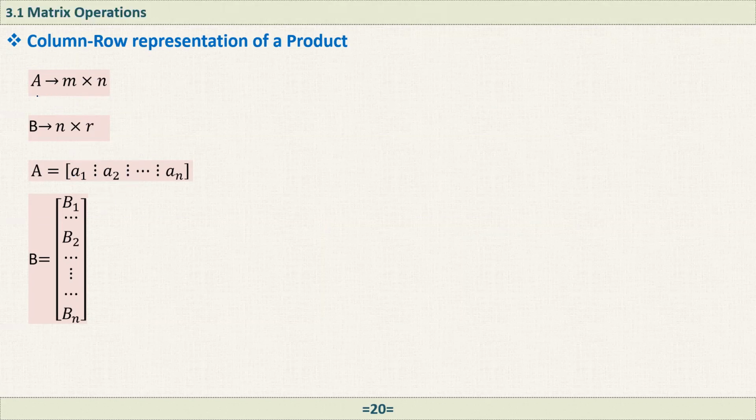Again, here we have this matrix A, whose size is m by n, and B, n by r. And let's say we're just partitioning matrix A as its columns, like A1, A2, AN. These are the columns of matrix A. And B by its rows, B1, B2, Bn. So actually rows are partitioned as this, right?